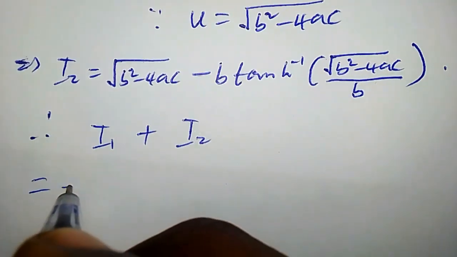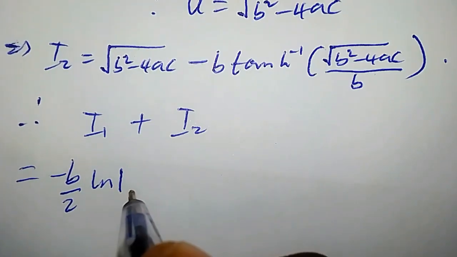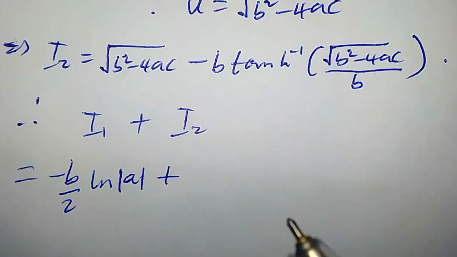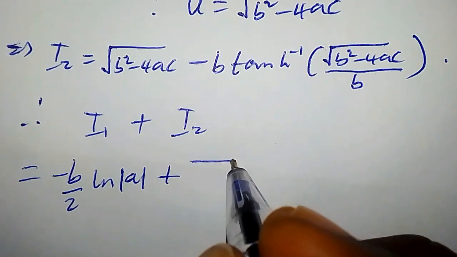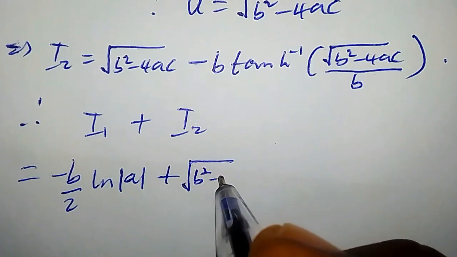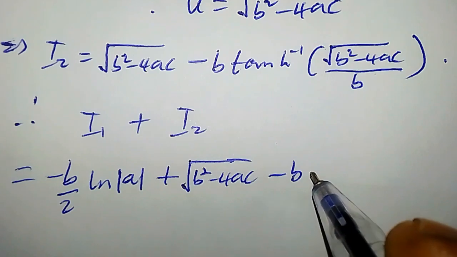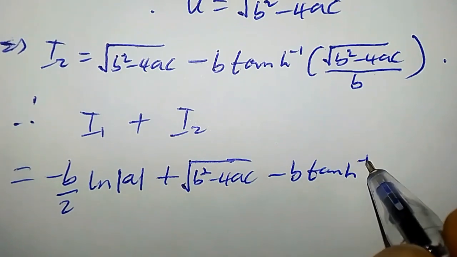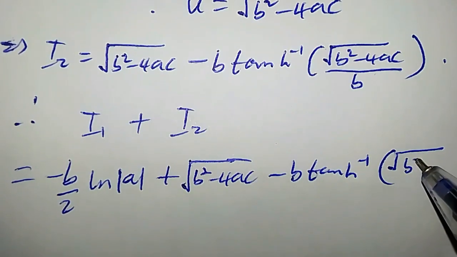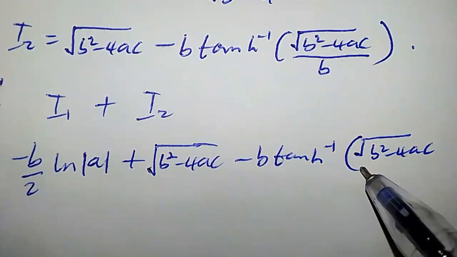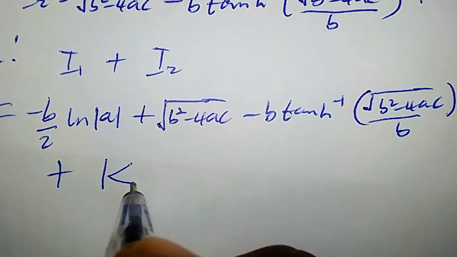So we have minus b over 2 times ln absolute value of a plus the I2, which is all of this: square root of b squared minus 4ac minus b times inverse hyperbolic tangent of this square root of b squared minus 4ac over b plus the constant of integration.